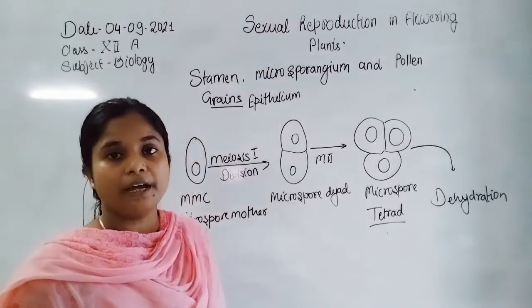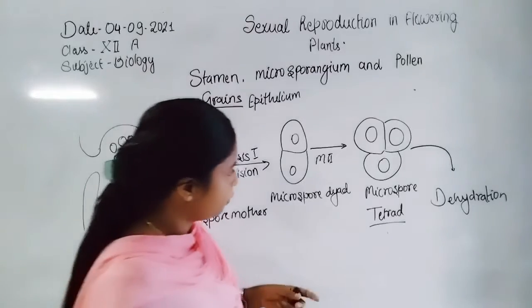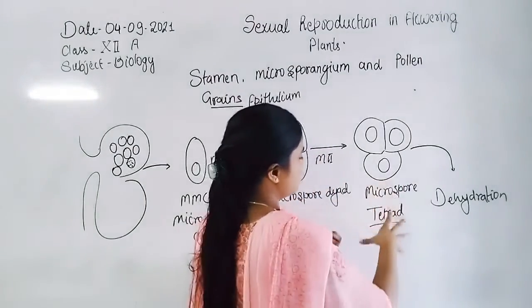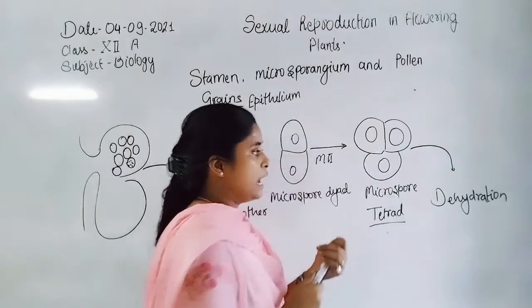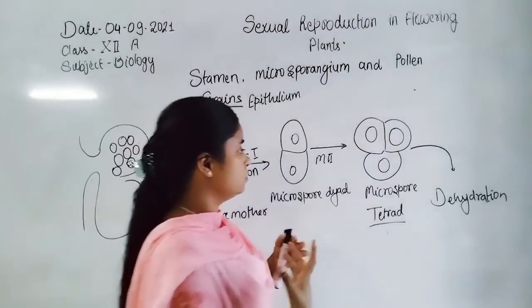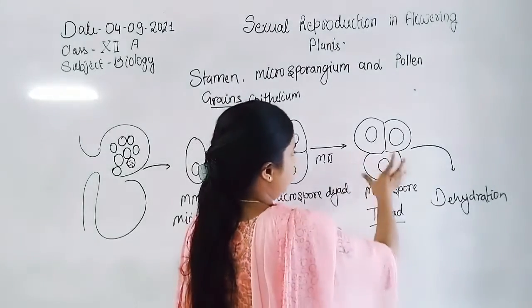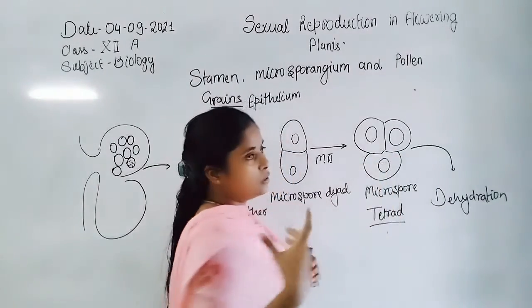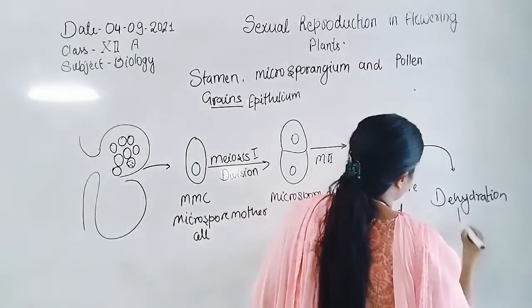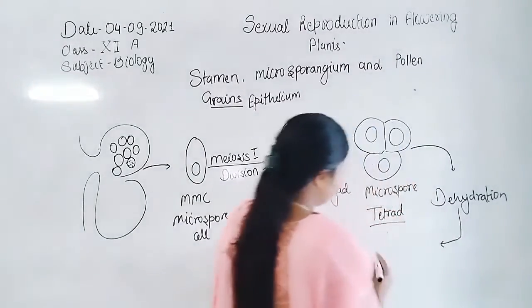After the dehydration, all the microspores of the tetrad get detached from each other, giving a powdery appearance. The wall of the microspore undergoes dehydration, and certain modifications also take place.